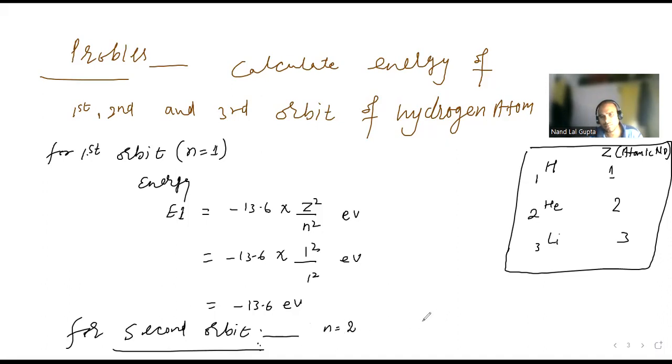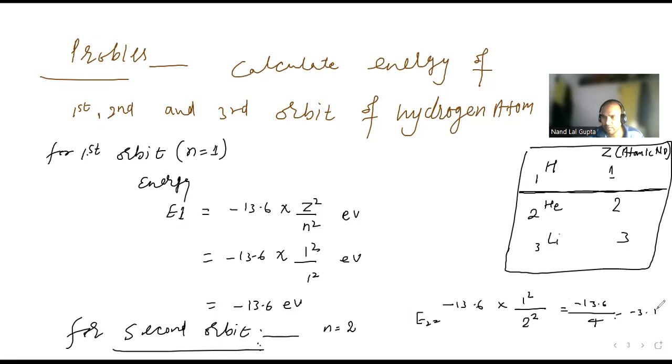Minus 13.6 into 1 square upon 2 square, for hydrogen. 1 square upon second orbit, N square, 2 square. So how much will it be? 4. So minus 13.6 upon 4 is minus 3.4 electron volt.